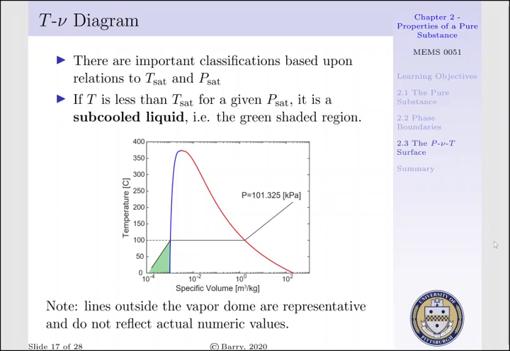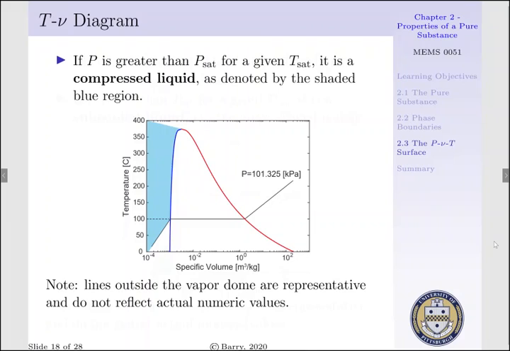For instance, if our saturation pressure is 101.325 kPa, but our temperature is 50 degrees centigrade, we are existing within our subcooled liquid region. Now, if our pressure is greater than our saturation pressure for a given saturation temperature, this is referred to as a compressed liquid, as denoted by the shaded blue region. Say, for instance, our temperature was 100 degrees centigrade, but our pressure was 200 kPa. We would exist within our compressed liquid region.